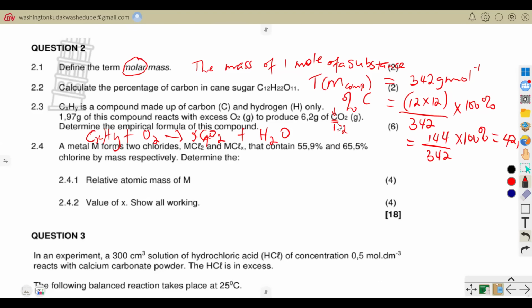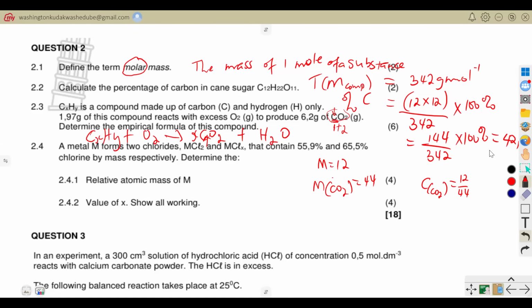So I would come here and say that my carbon has got a molar mass of 12, and the total molar mass of carbon dioxide is equal to 44. So the mass composition of carbon in this carbon dioxide is going to be equal to 12 divided by 44.